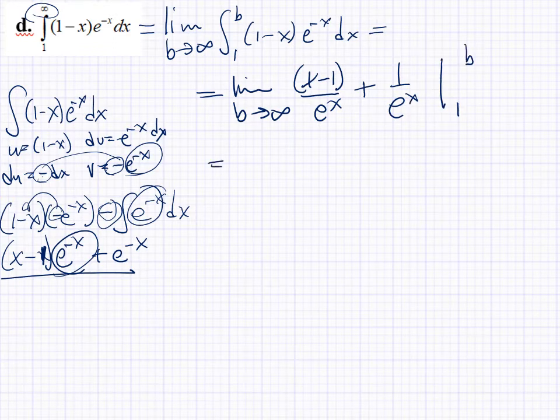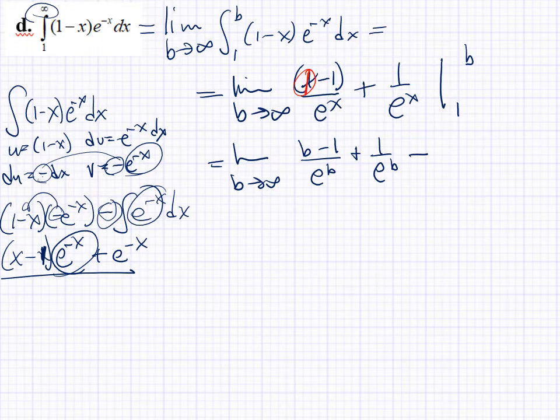All right, so then I'm going to plug in b and plug in 1, and I get the limit as b goes to infinity of b minus 1 over e to the b plus 1 over e to the b minus, when I plug 1 in here, I'm going to get 1 minus 1, which is 0 over e to the first, so that'll just be 0, minus, if I plug 1 in here, I'm going to get 1 over e.